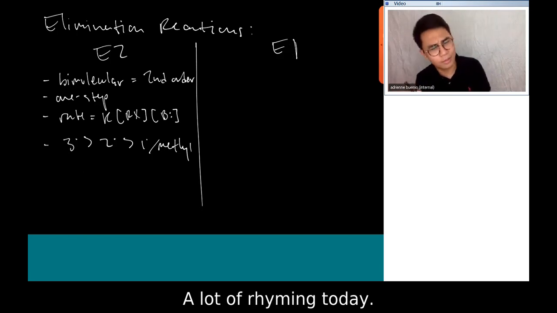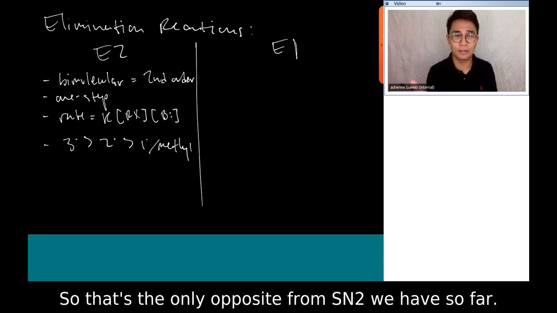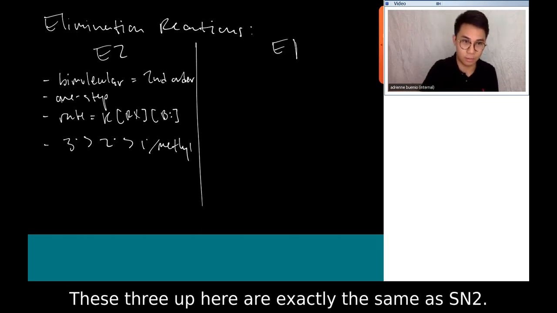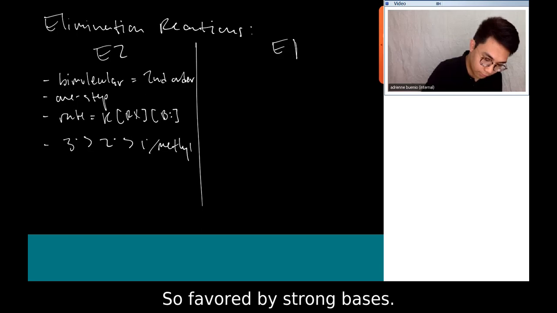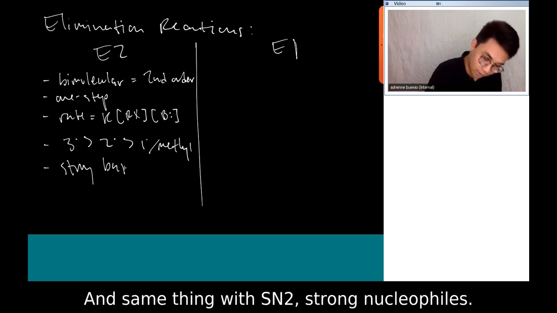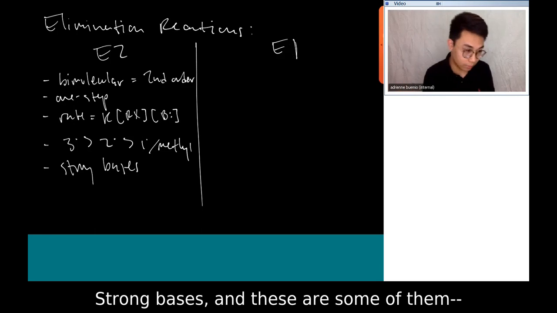So that's the only switcheroo from SN2. A lot of rhyming today. So that's the only opposite from SN2, because so far these three appear exactly the same as SN2, right? Well, except for the base, I guess. But so favored by strong bases, and same thing with SN2, right? Strong nucleophiles, strong bases, and these are some of them, DBN.